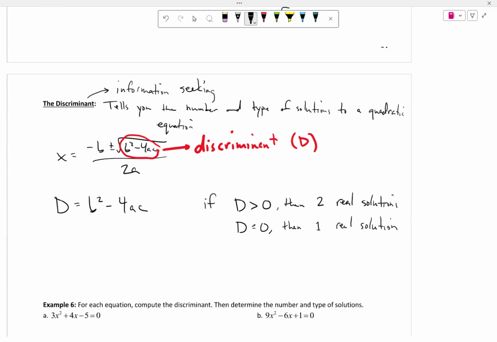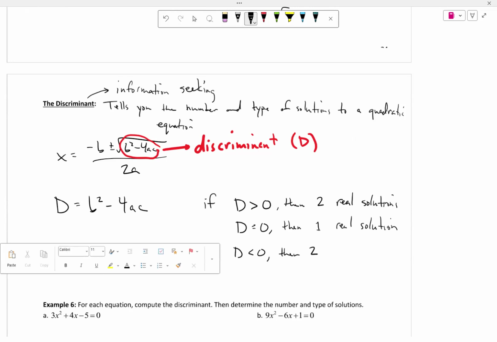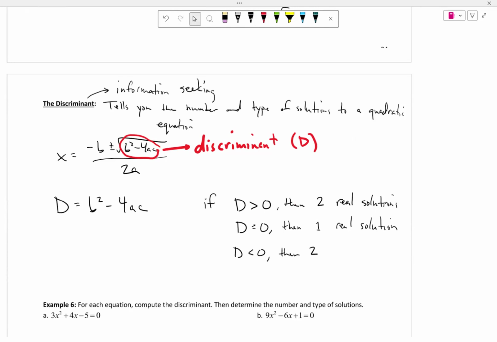Imaginary comes from under the radical, so it's definitely real. If D is less than 0, the contents of the radical are negative, then there are two complex solutions with imaginary parts. To be perfectly specific, complex solutions. If you want to say imaginary solutions, that's fine, with imaginary parts.